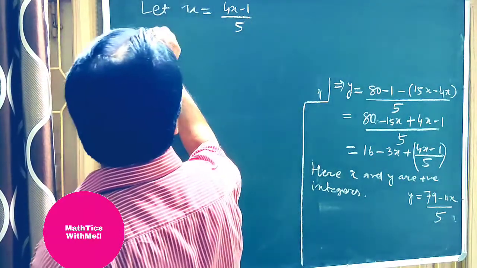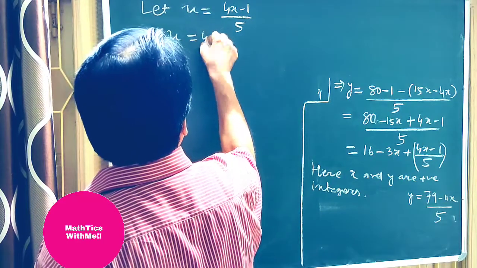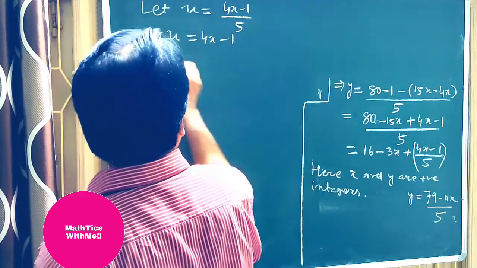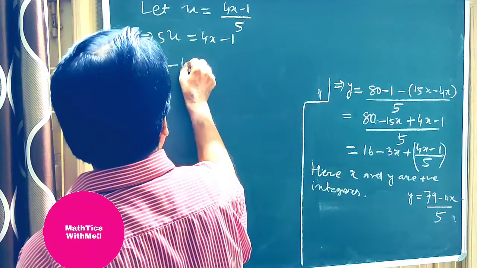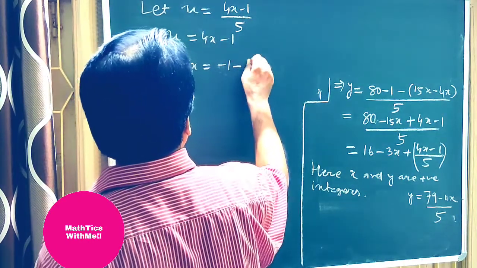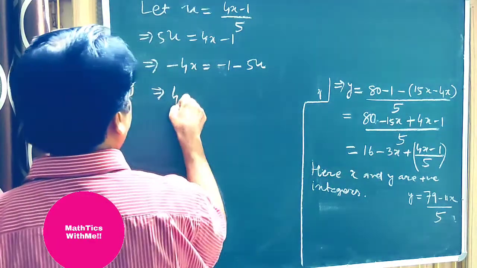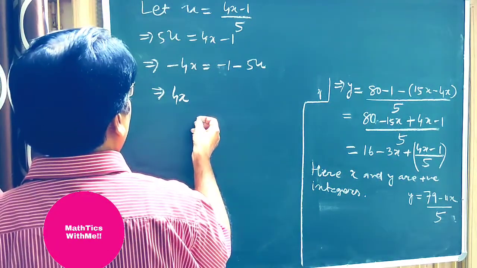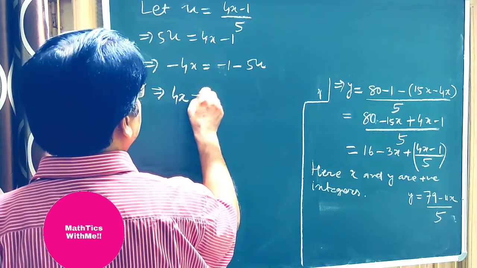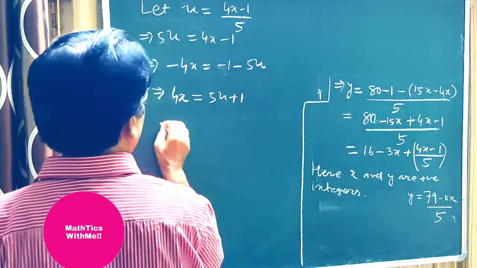So this implies 5u is equal to 4x minus 1. So minus 4x is equal to minus 1 minus 5u. So 4x is equal to 5u plus 1.